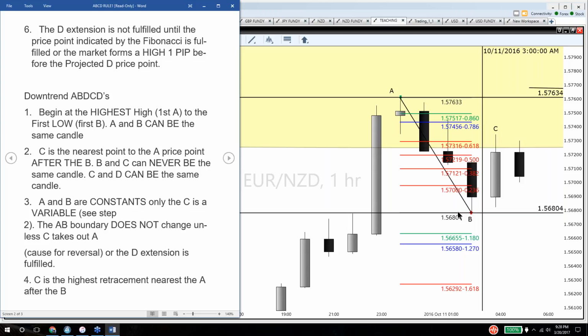If it's an uptrend, the market's going to have to give me a high. But if it satisfies the D target, then my old C will become a new A, and my old D will become a new B, and the process starts all over again. Everybody feel comfortable with these rules?